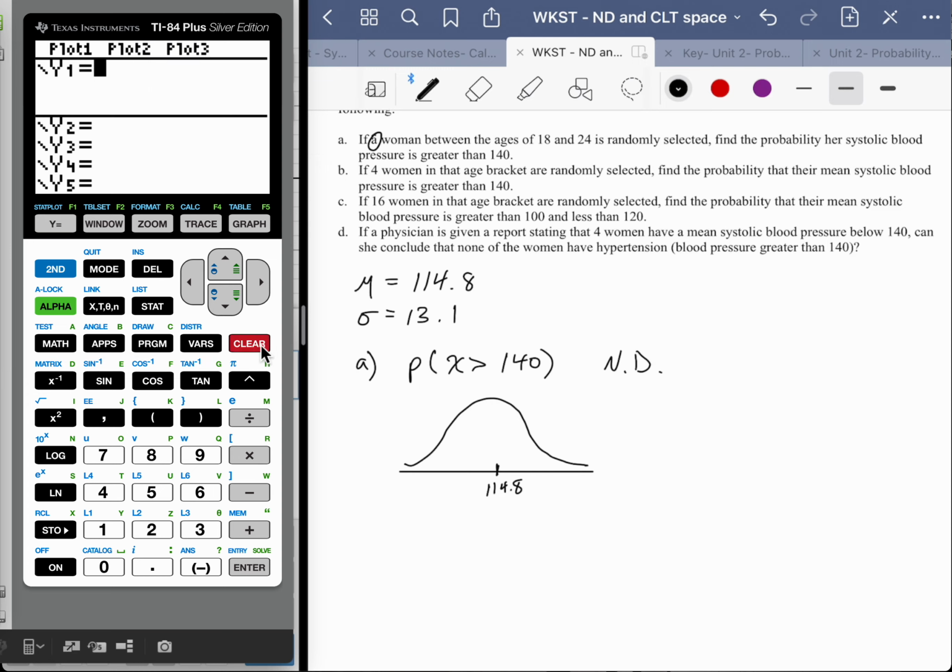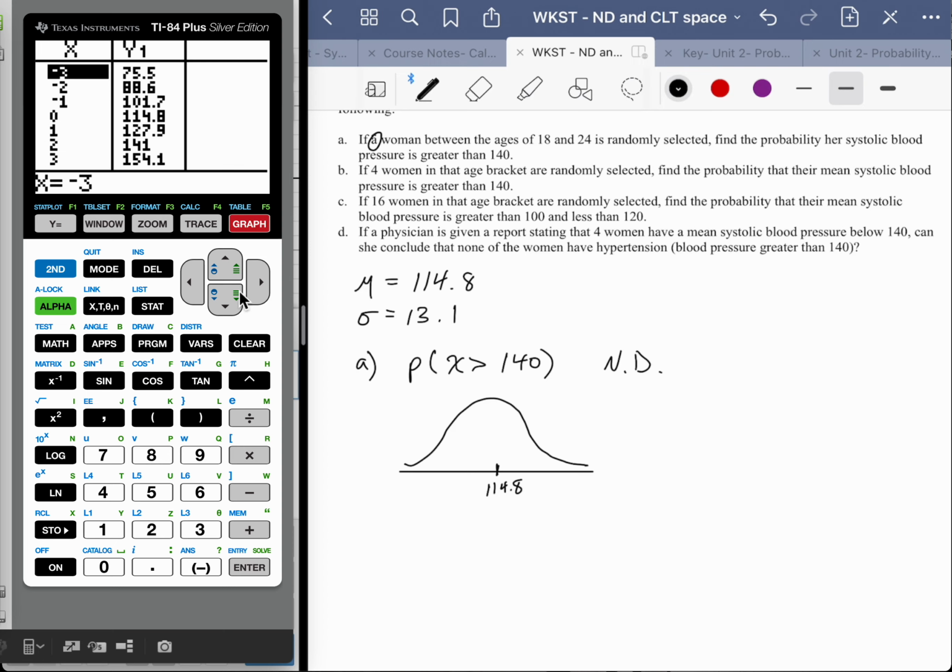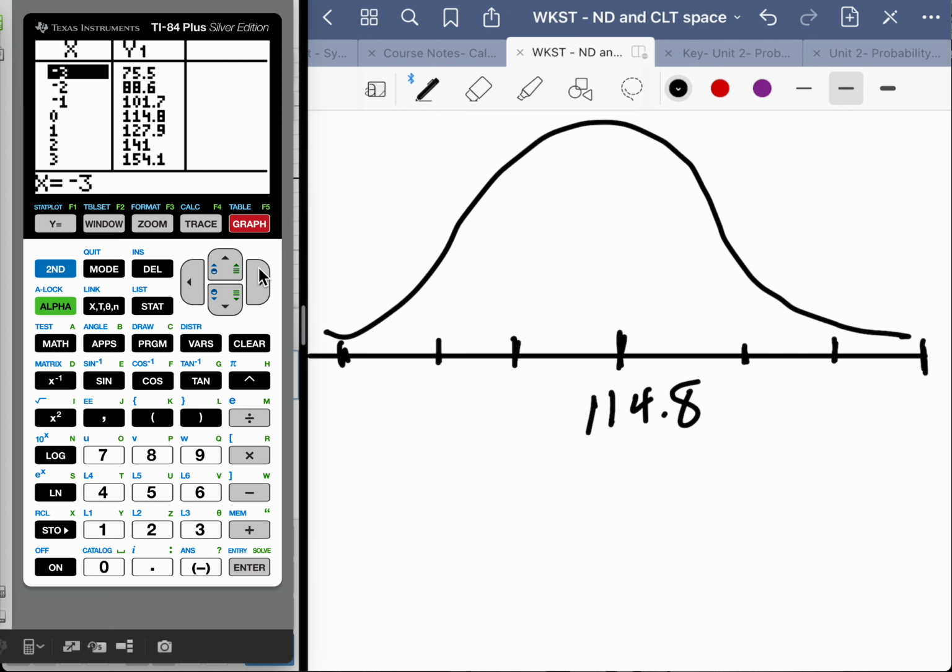So 114.8 plus 13.1x, go into the table, get our values all in one shot. Barely legible is okay. Just zoom in and just write it all in there.